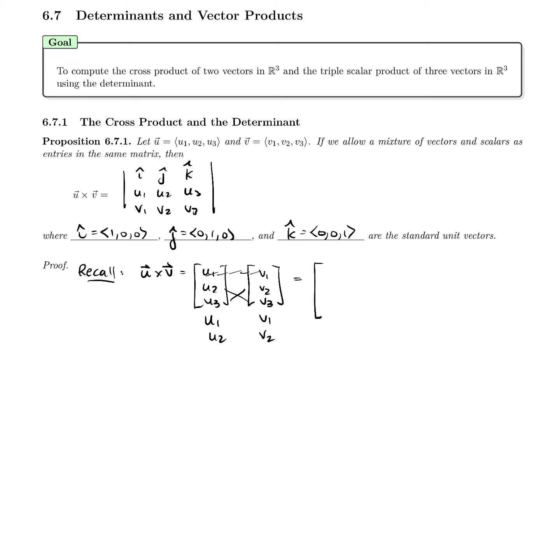And so we get u2 v3 minus u3 v2, u3 v1 minus u1 v3, and lastly u1 v2 minus u2 v1.